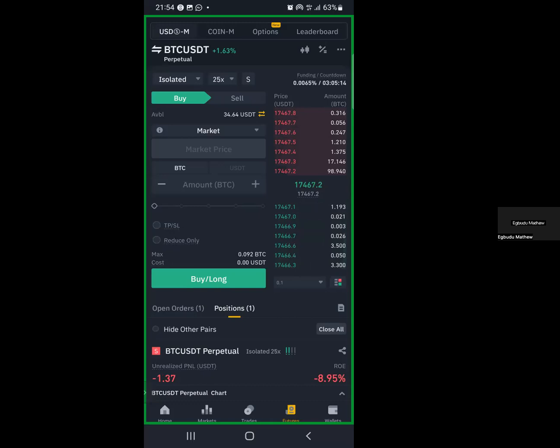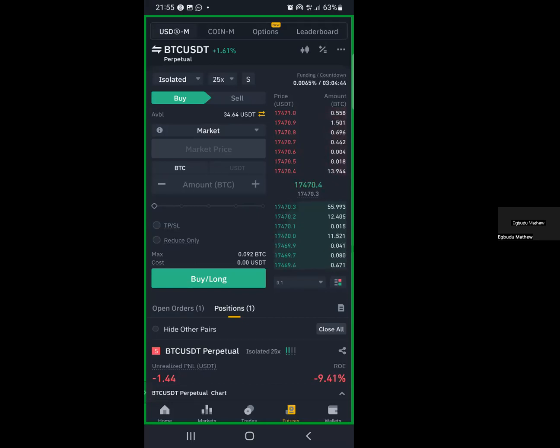So you need to calculate the amount of money you're entering. Let's say you're using $10 to take a trade, for instance. And if your leverage is 2x, and your stop loss is 2%. Now, what it means is if the trade goes against you, you're going to be losing 2 times 2, which is 4.